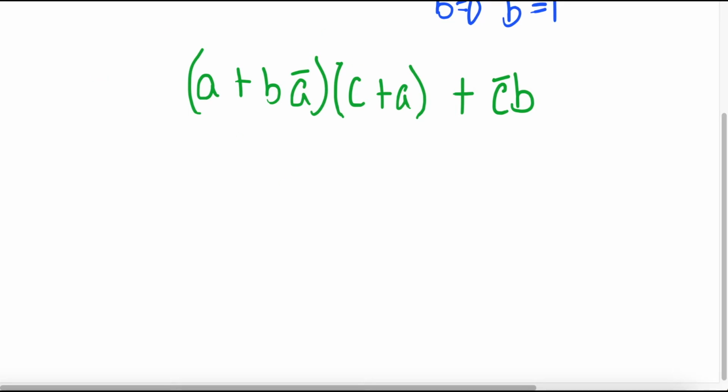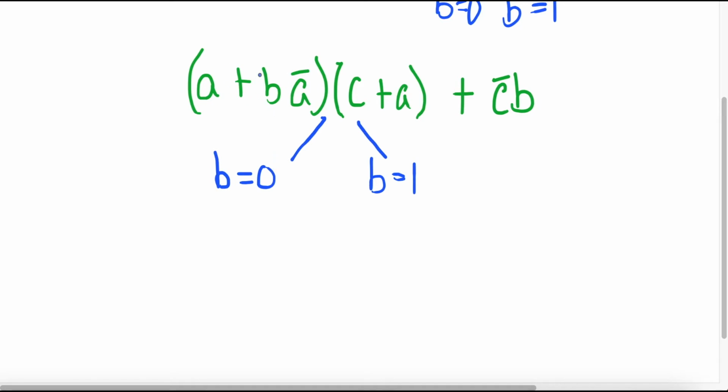So let's figure out what this equation becomes when B is equal to 0, and what it becomes when B is equal to 1. Let's start with B equal to 0 first. When B is equal to 0, this becomes A plus 0 A bar, and this whole term goes to 0, because anything ANDed with 0 just becomes 0, correct?